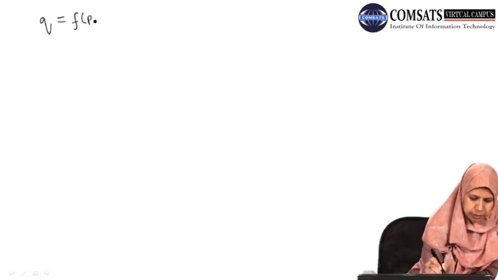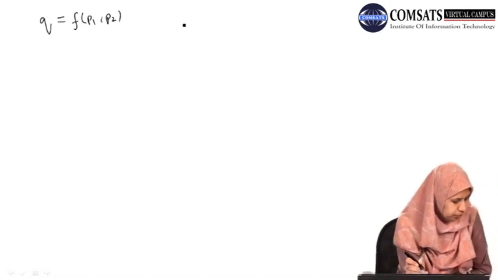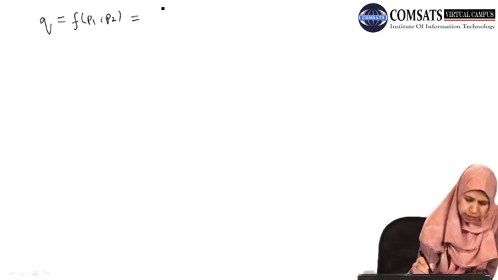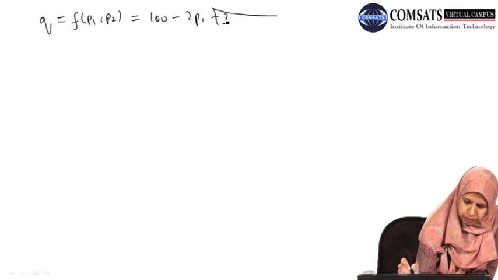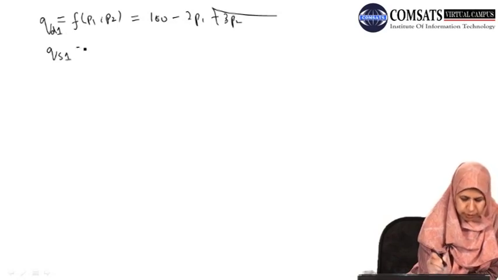We have two competing products, P1, P2 are the prices of the products, and if this is, let's say, equal to 100 minus 2P1 plus 3P2, here we would like to write it as demand function 1 and supply function 1.